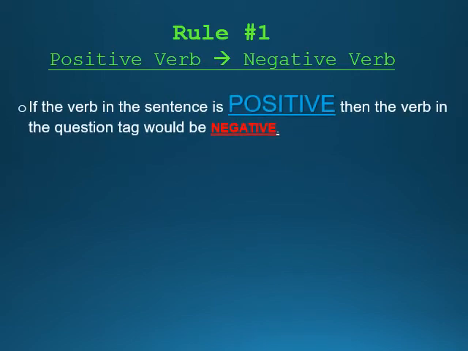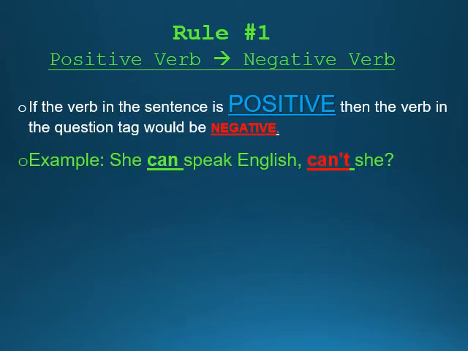If the verb in a sentence is positive, then the verb in the question tag will be negative. For example, she can speak English, can't she? The first sentence, can, is a positive verb, and can't is a negative verb. So whenever we have a positive verb, we use a negative question tag.